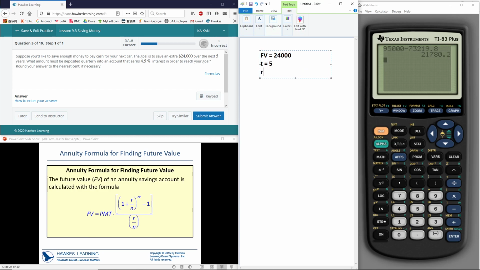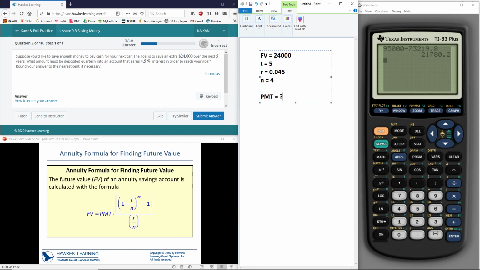And he knows the interest rate would be 0.045. That's 4.5%. And he's gonna deposit his payment quarterly. Well, what is missing? The question is, how much do you have to deposit? How much do you have to pay into this particular investment to get to 24,000? So it's the payment. That's what we're looking for.